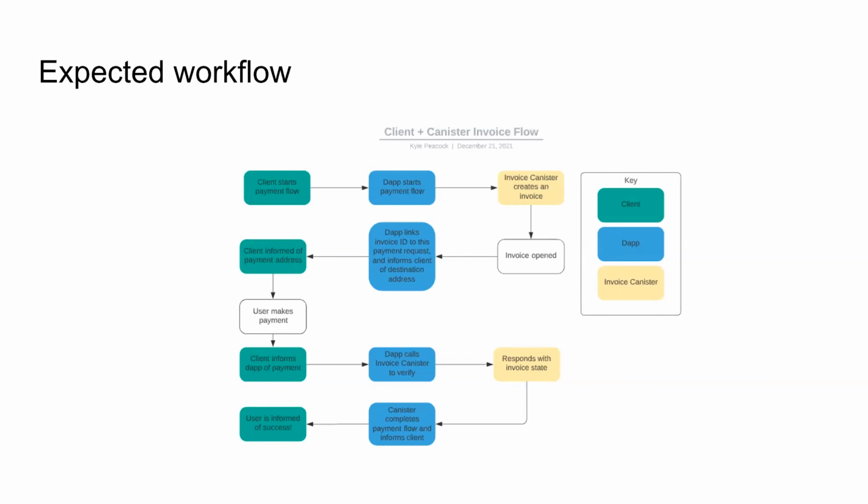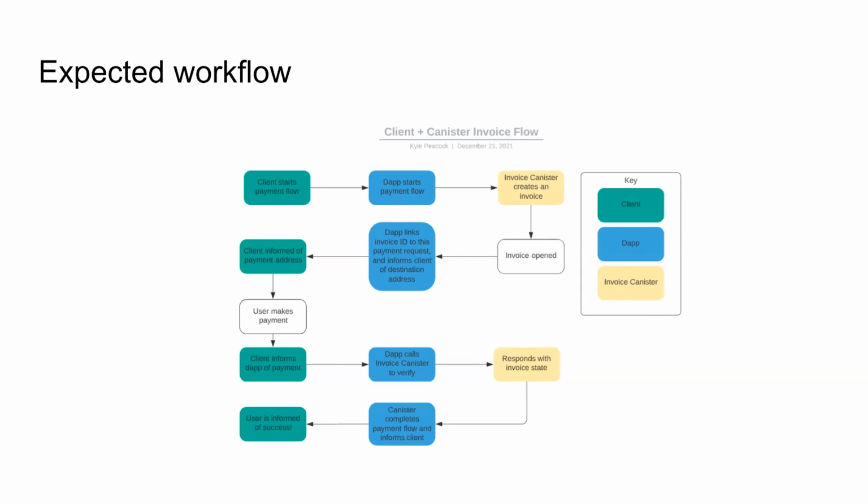So what would this look like in practice? This is an expected workflow for a client and canister communicating to each other in order to make a simple transaction. If you start with a website, the client will say, I would like to purchase something.